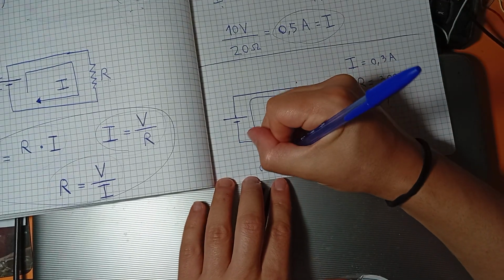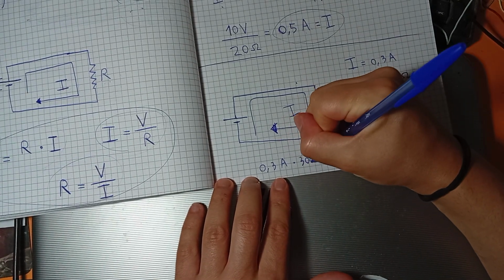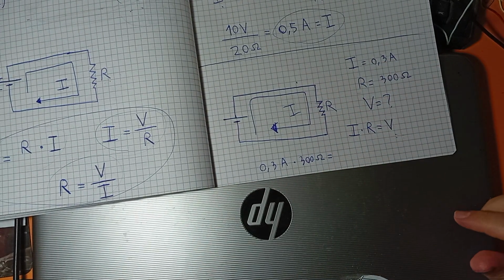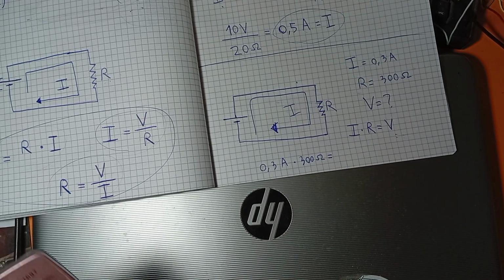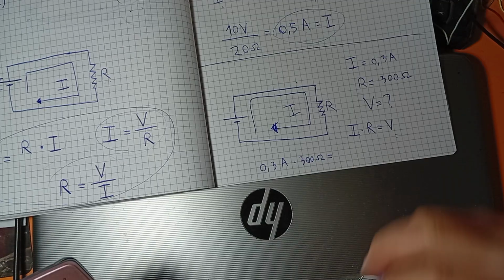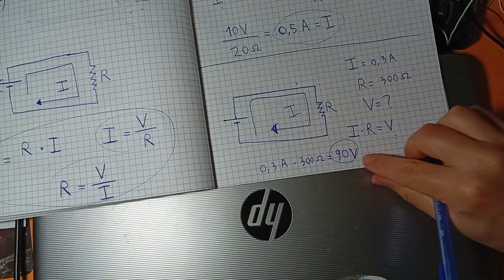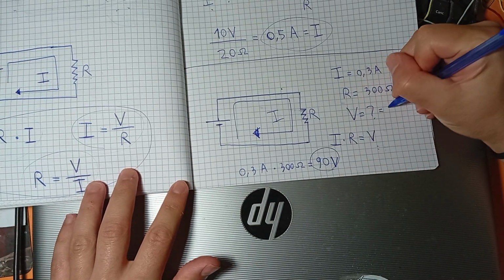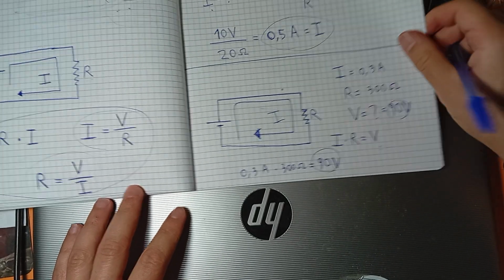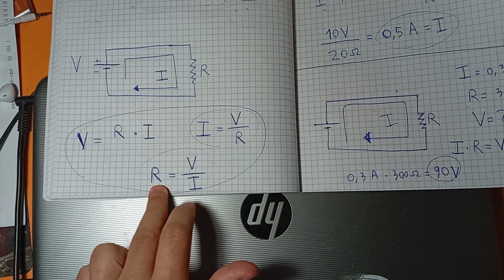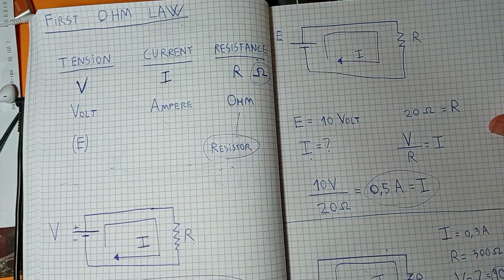So we'll just do 0.3 multiplied by 300 ohm, and we'll have the volt of our generator, and it is 90. So our generator is 90 volt. We have found it is 90 volt. Same if you miss maybe the resistor, you use this version of the first Ohm law. Basically the first Ohm law is this.